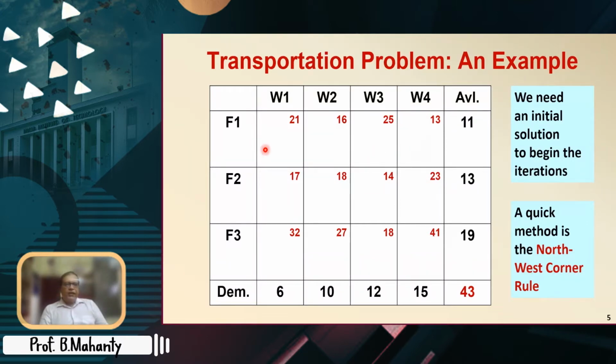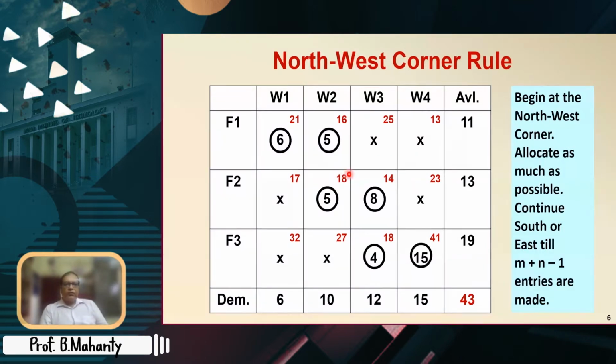So what we do, we make some entry at the northwest corner. So let's say we begin with this corner, which is the northwest corner. We see that the total is 6 this side and the total is 11 this side. That means an entry of 6 could be made here. If we enter a 6, then this is crossed, because no more entries are possible.